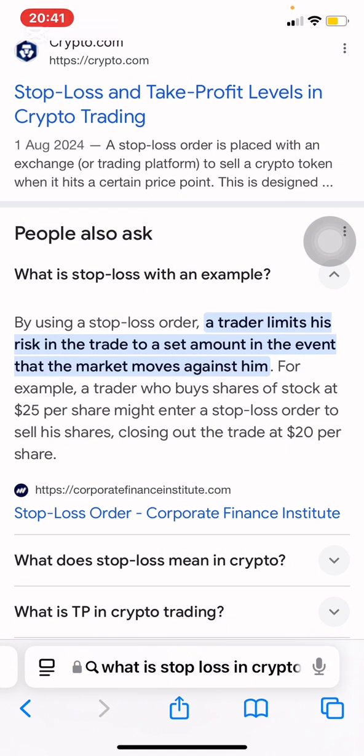So they've given us an example that, for example, a trader who buys shares at $25 per share can enter the market and set a stop loss at $20. I've entered at $25, but if it goes back to $20, let me just exit the market to avoid losing all my money.